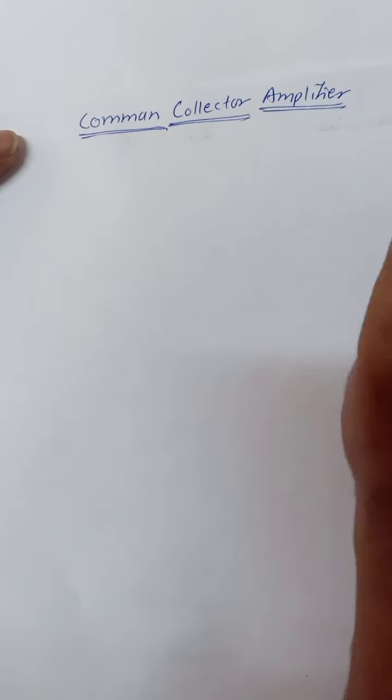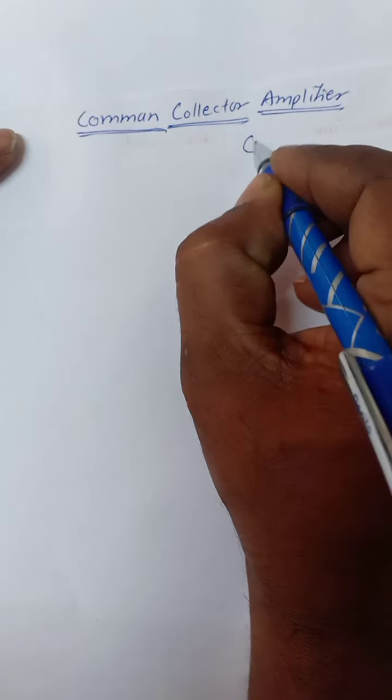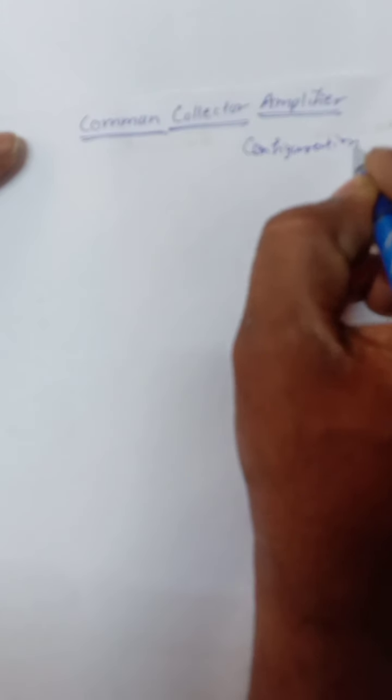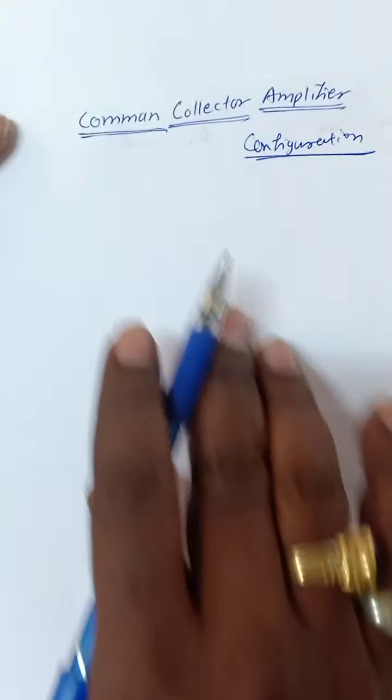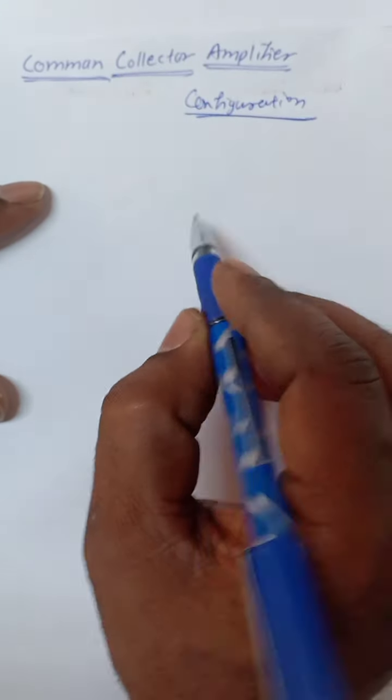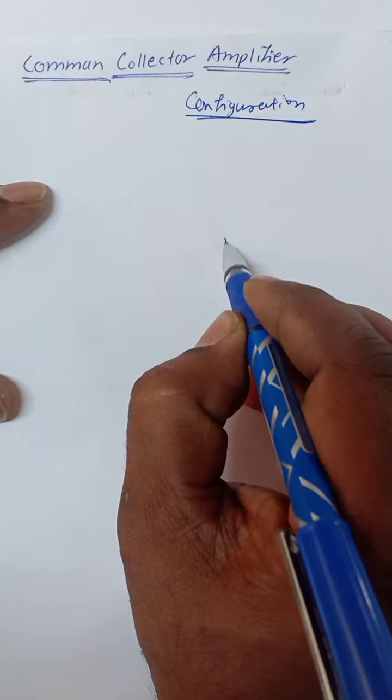Now we are going to see the common collector amplifier configuration. So this second configuration is one in which collector is made common. Let us see how we are going to start to draw the diagram.